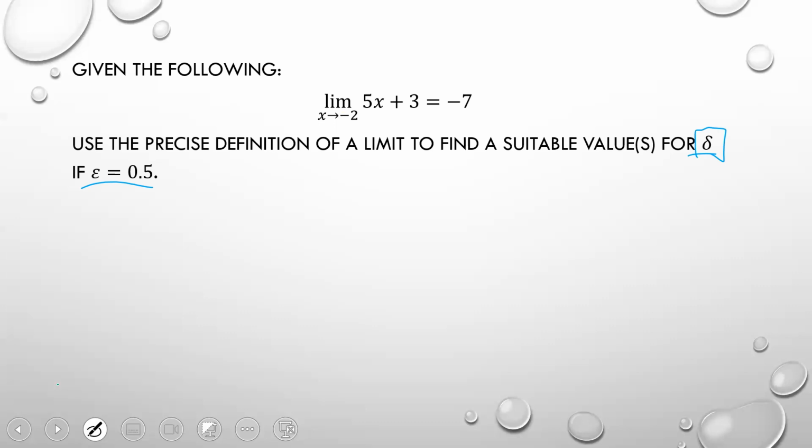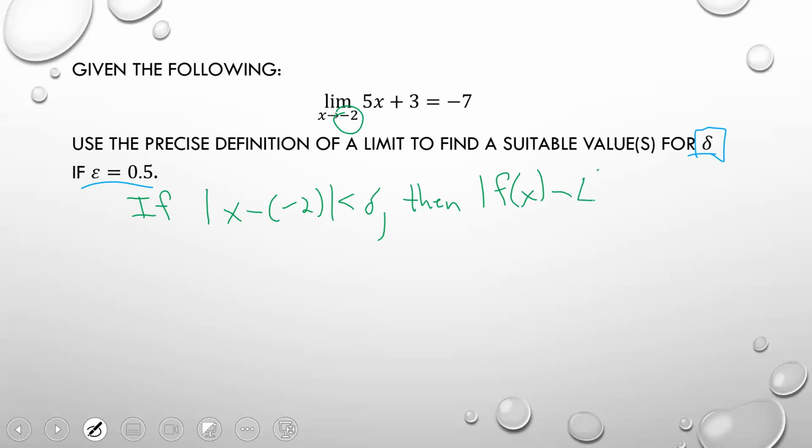And in fact, what we're looking for is whatever that value for delta is. And once we find it, then it has to be true that if the absolute value of x minus the value we're approaching, which is the -2 here, is less than delta, meaning that the values of x are within delta above or delta below the value -2, then we know we're guaranteed that the absolute value of the function, f of x minus the value L, which is the limit, is going to be less than the value of epsilon.